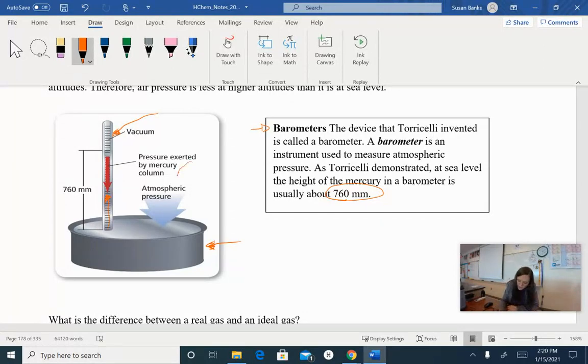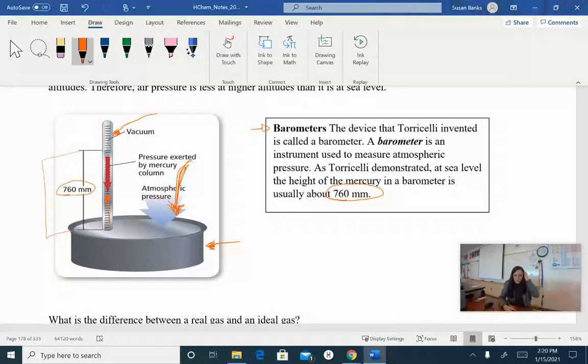And it would rise up because the air pressure is pushing down on that mercury. So we can measure the height of that column of mercury in that tube with the markings and understand how much pressure the atmosphere is actually pushing down on us. So when we do that at sea level, we get a measurement of 760 millimeters of mercury, almost three quarters of a meter, pretty high.